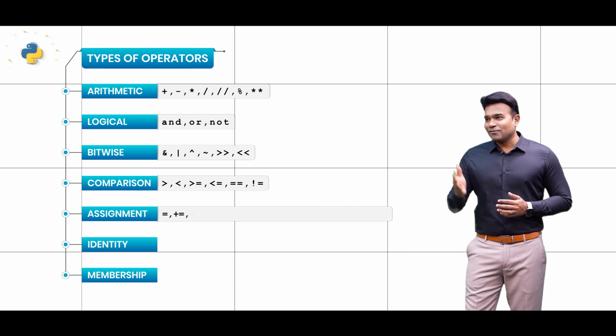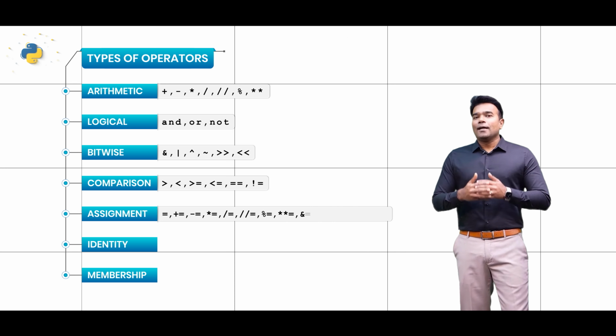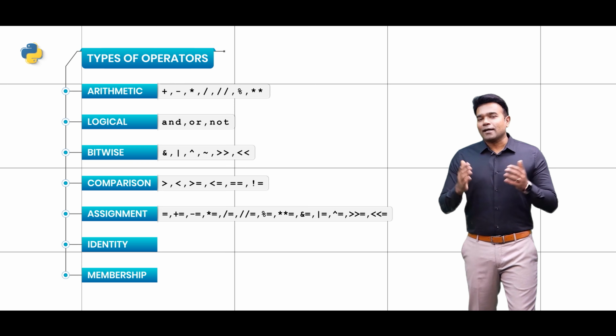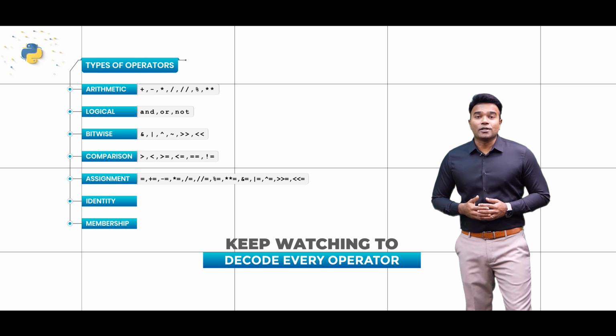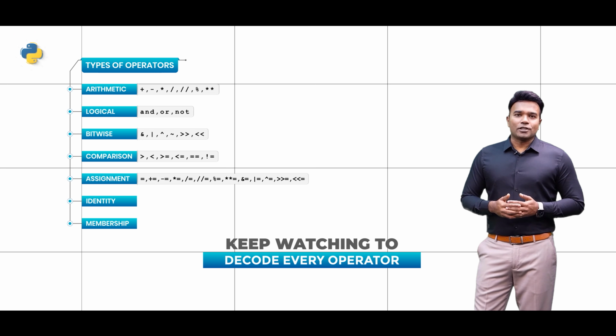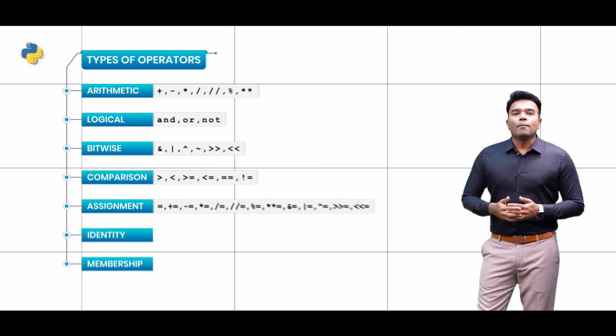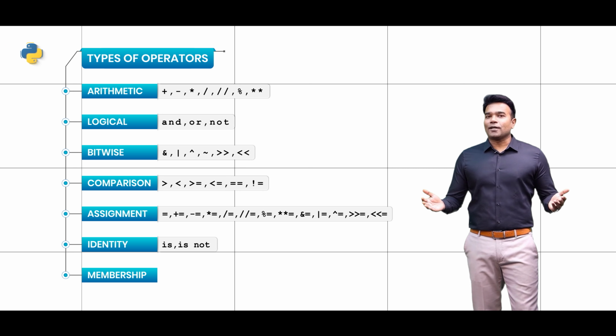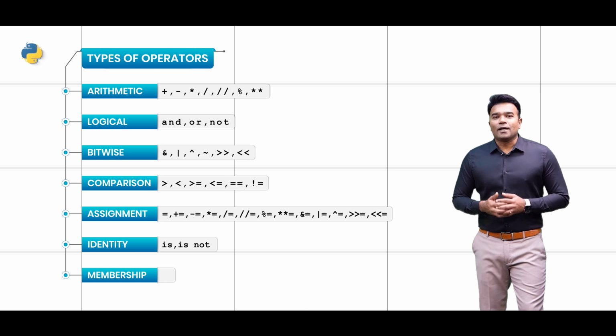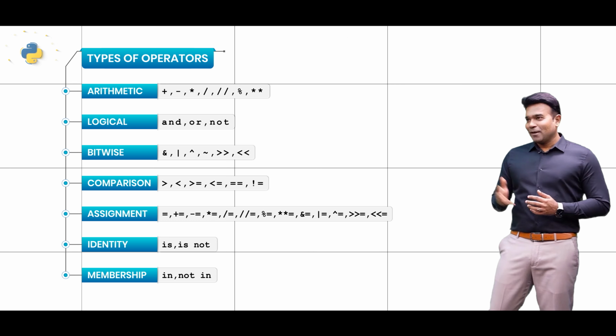All of these happen to be the various assignment operators that are supported by Python. Well, don't worry, I shall be taking up each operator and discussing it in great detail with you. Proceeding ahead, these happen to be the various identity operators that are supported by Python, and finally, these happen to be the membership operators that are supported by Python.